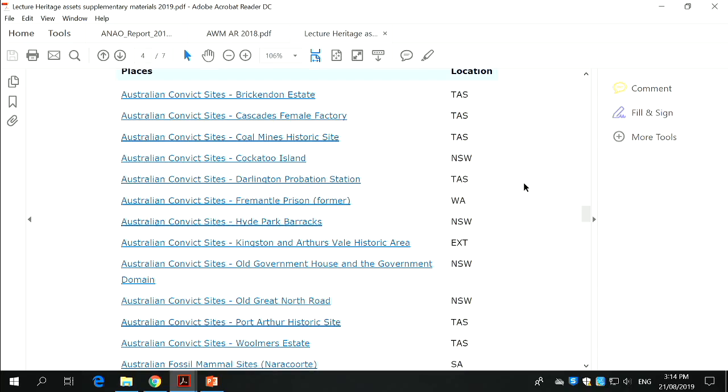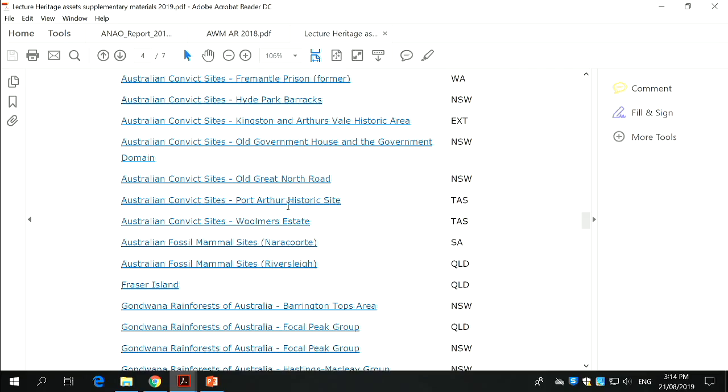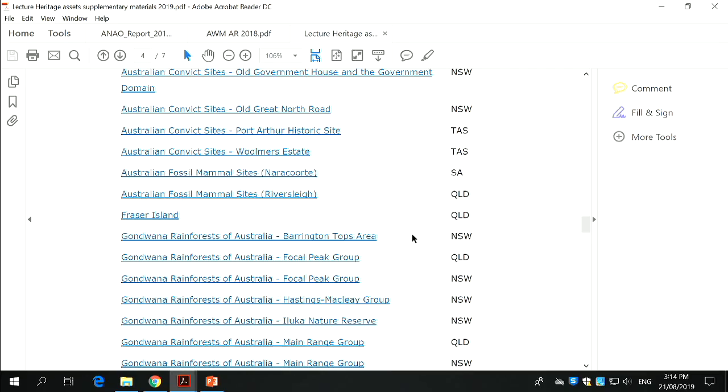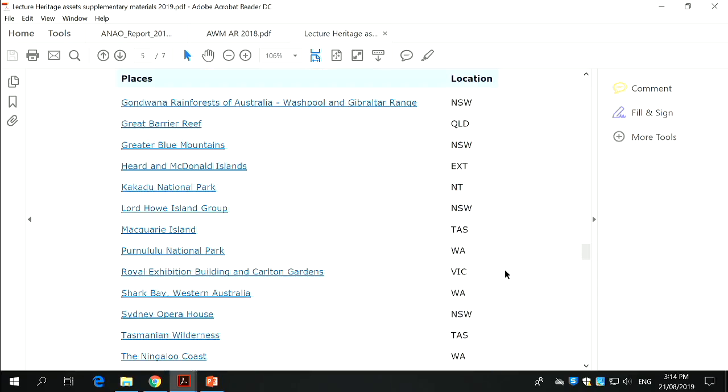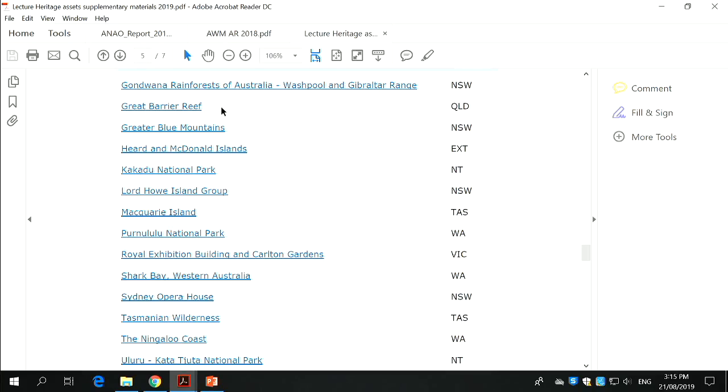You can see some of the convict sites, and this Port Arthur historical site is the picture we looked at just now, and many of the rainforests in Australia are also heritage. Some of these areas we looked at already, the Great Barrier Reef, the Blue Mountains, so we're familiar with them.